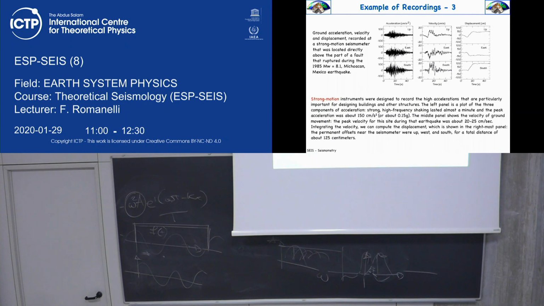Let's go to velocity, in centimeters per second. Now the signal is a little bit simpler. You see these large lobes here, this is directivity, and now you know in principle what it is, because near the source you can feel that. Let's go to displacement, in centimeters. Oh gosh, what do we have here?